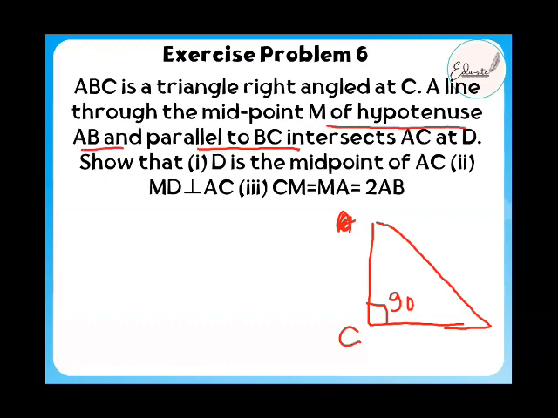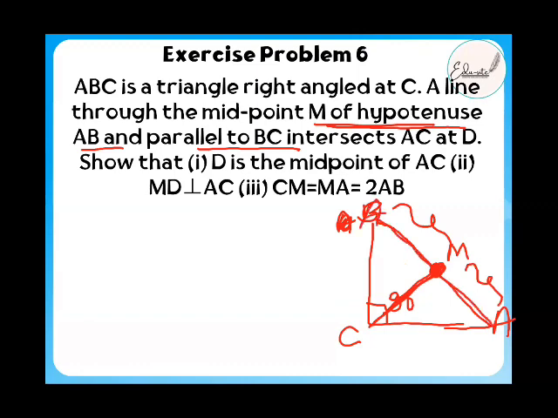Then a line through the midpoint M of the hypotenuse AB and parallel to BC. This is the line AB. There is a point M here, which is the midpoint of hypotenuse AB.